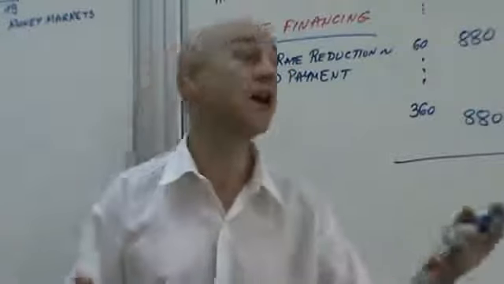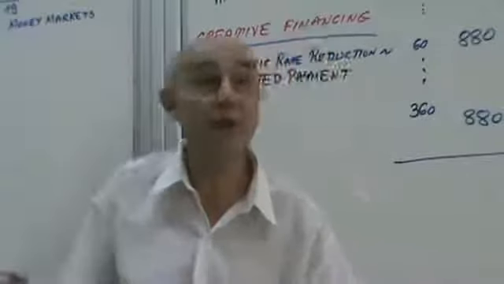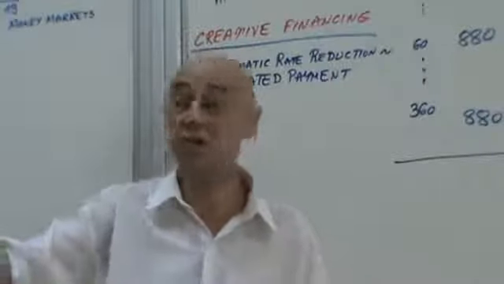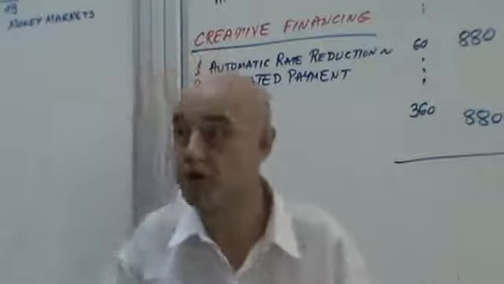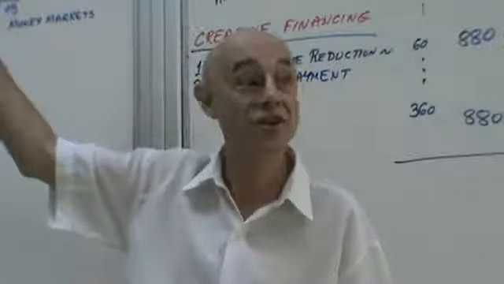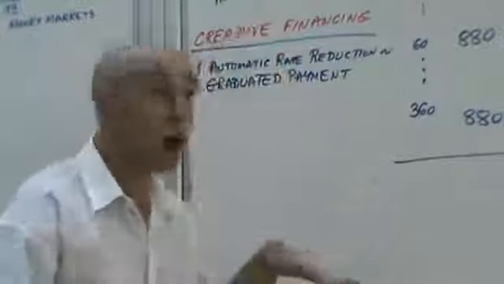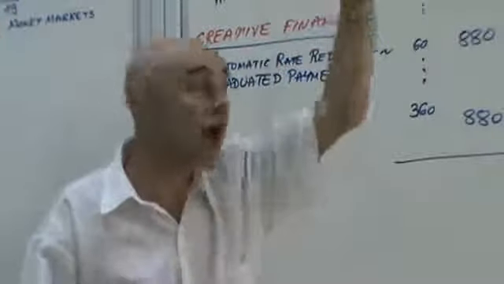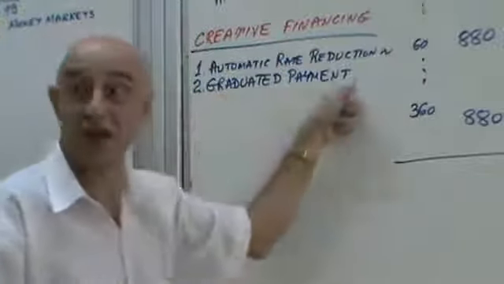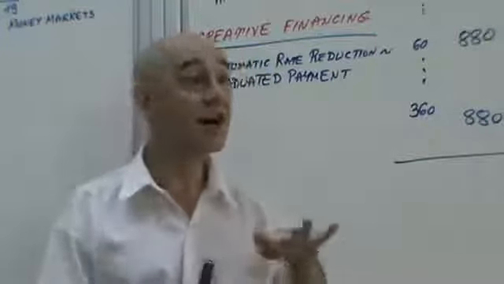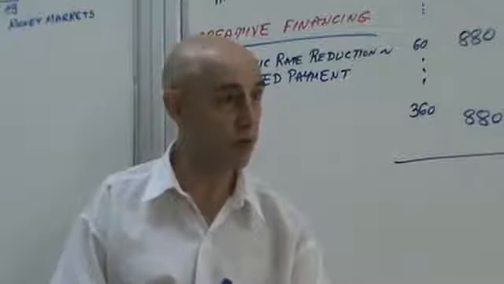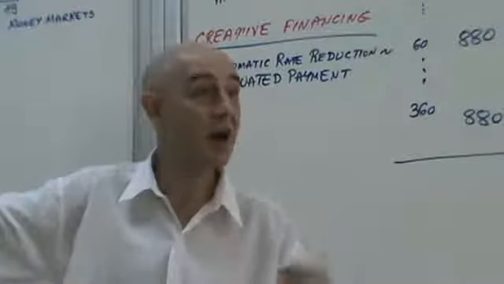You may start with a $500 salary, but maybe within 3 years it's going to be $1,000 salary. And maybe within 7 years you're so smart, it's going to be $1,500 salary. Okay? So you expect your income to go up, and you can have a graduated payment so that your payments will go up. Early on, your payments will be low, and later on, they'll be high.